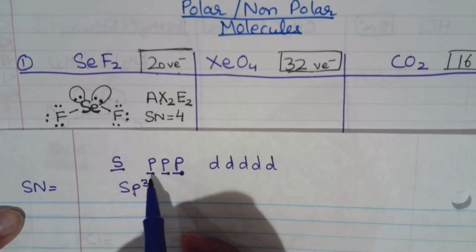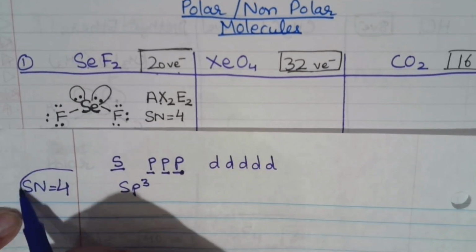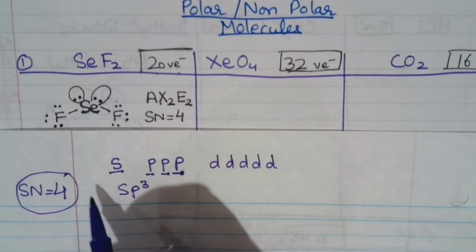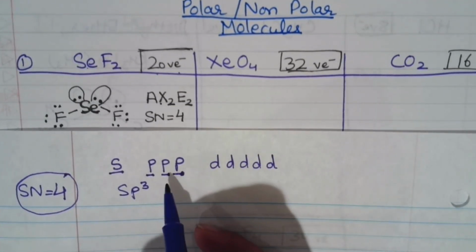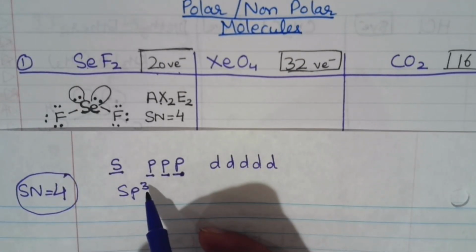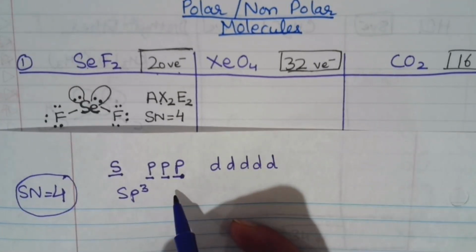We are mixing 3 p orbitals with one s orbital because we have steric number 4. It means there are 4 things around the central atom. So 4 orbitals mix together to make 4 different hybrid orbitals that have the same energy. They are called 4 different sp3 hybrid orbitals. They have same energy, right?